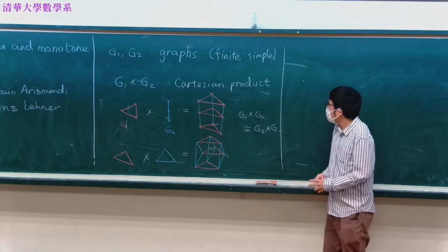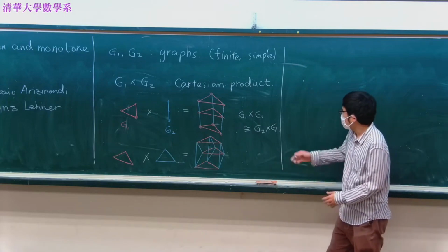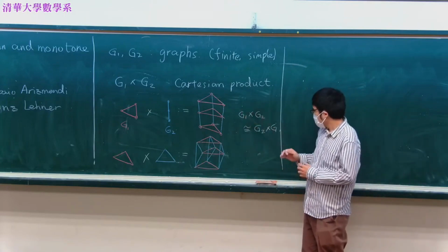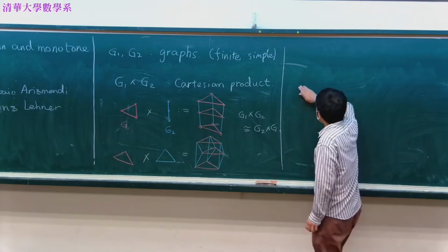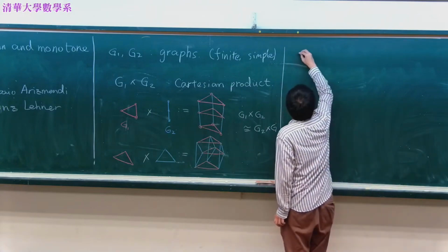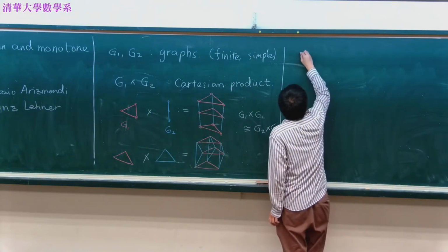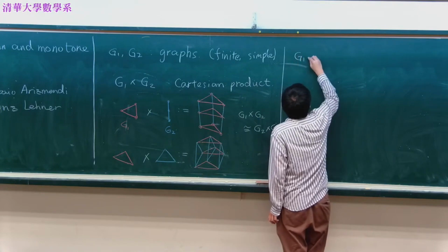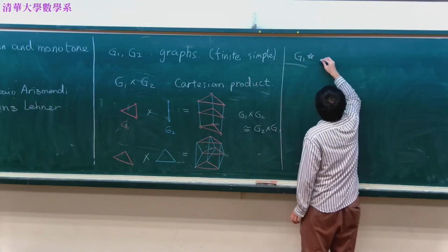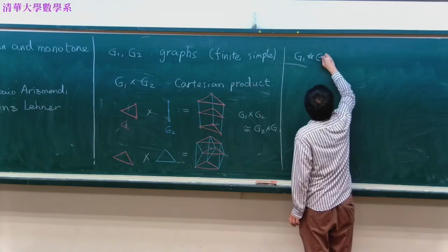And there are more examples of such operations. Another example is what I call the star product, G1 star G2.